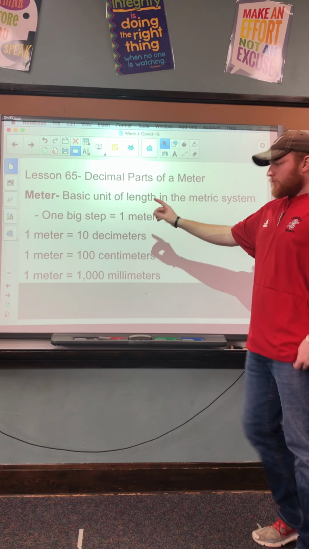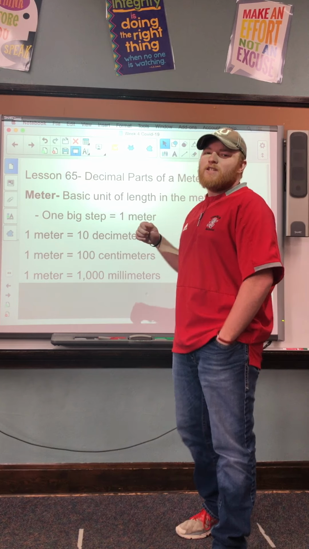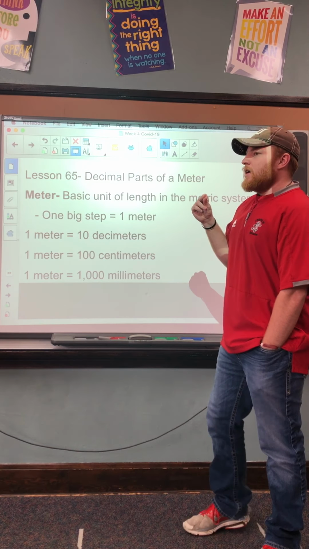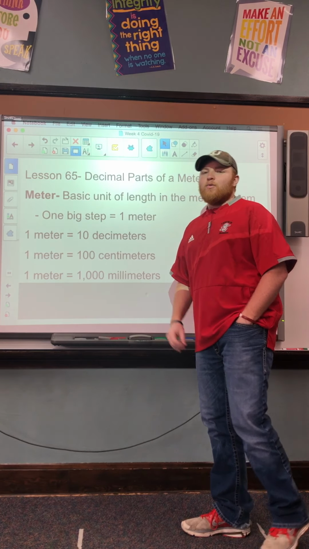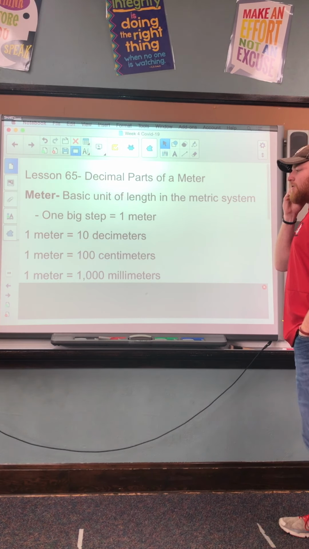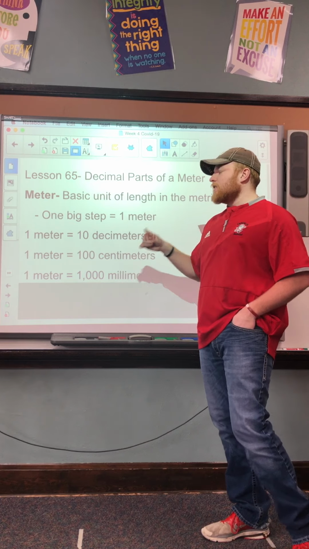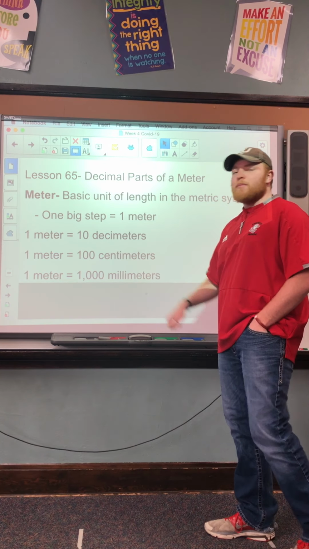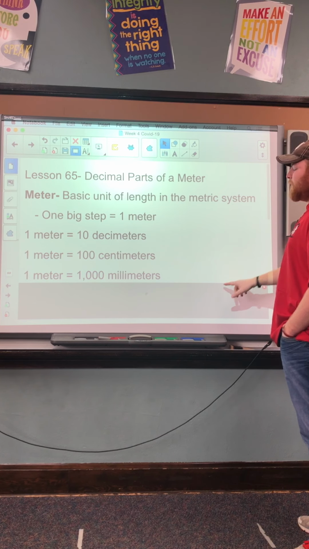All right, now, if you are taking notes during this video, I would write this down, because it'll be nice to have on hand during your lessons. So 1 meter is equal to 10 decimeters, 1 meter is equal to 100 centimeters, and a meter is equal to 1,000 millimeters.